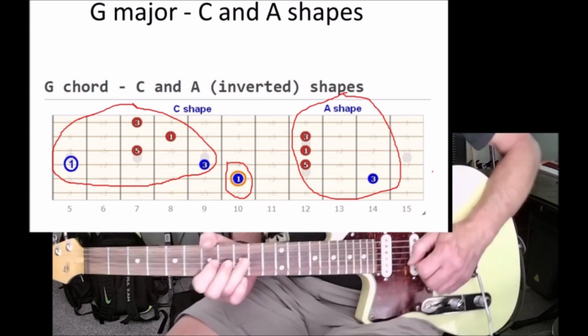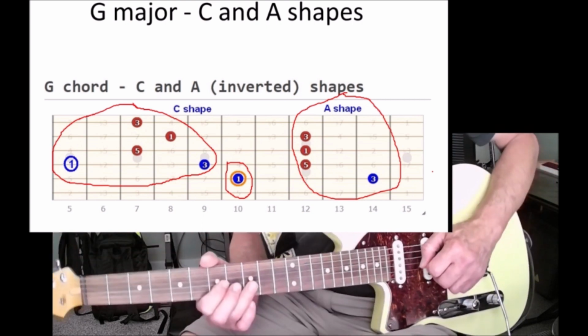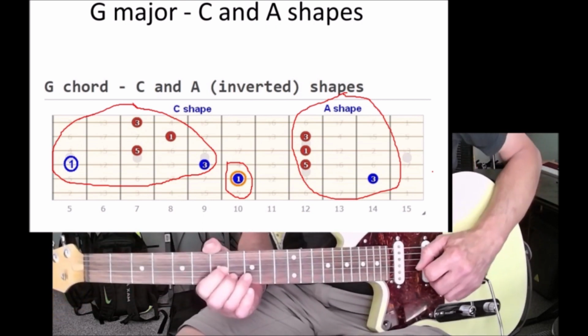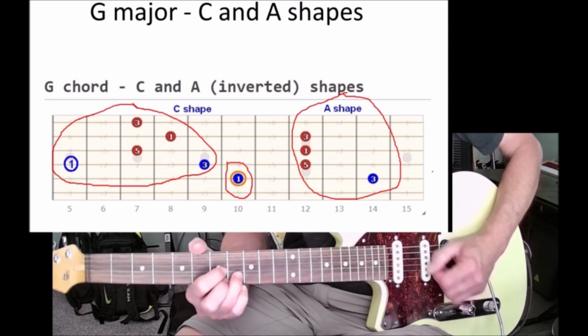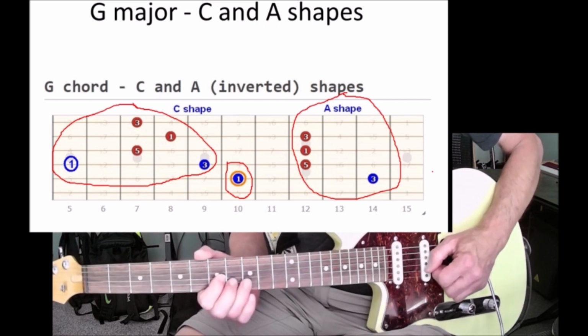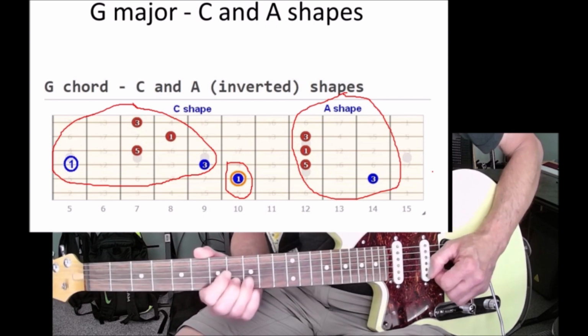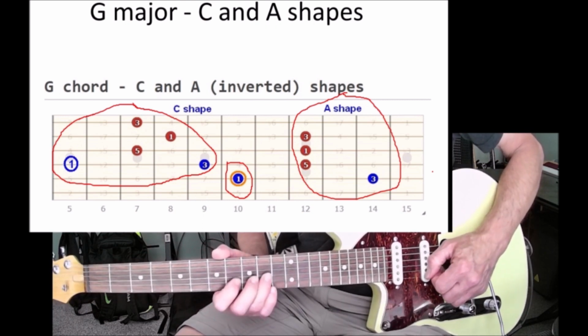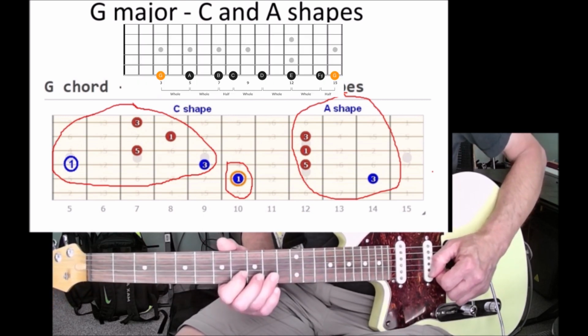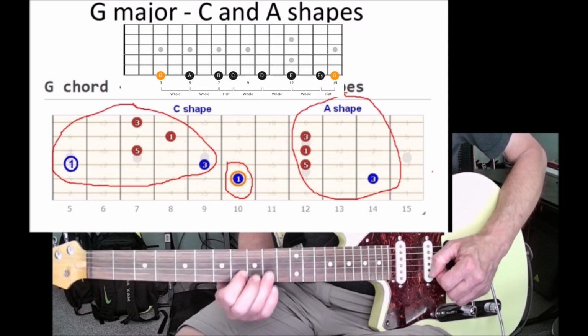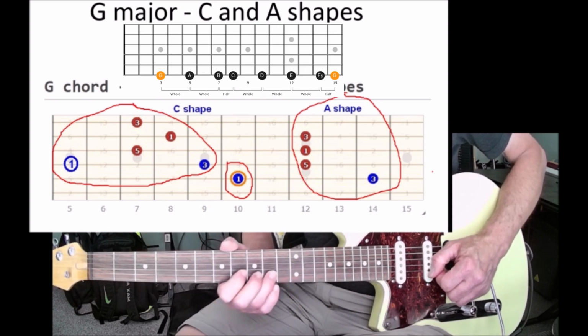So here's some other stuff that can be helpful. Let's think about this for a minute with this shape. If this is the one, and I know the intervals of the major scale, whole, whole, half, whole, whole, whole, half, and really all I'm playing here is mostly major pentatonic.